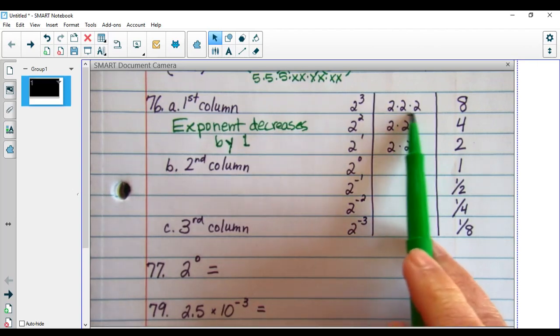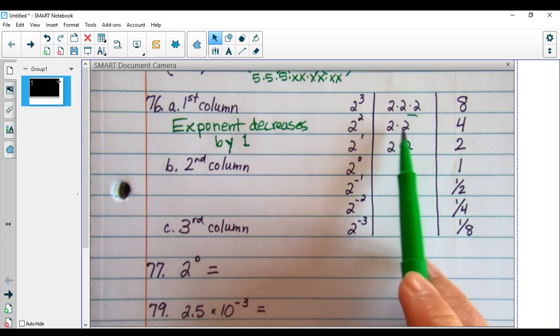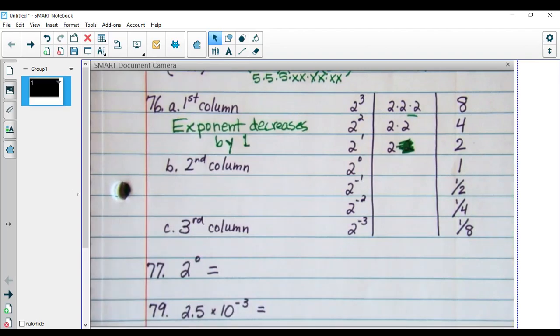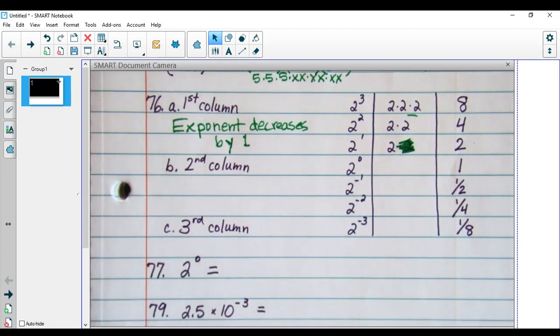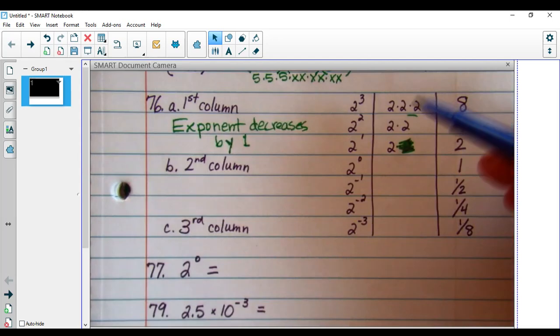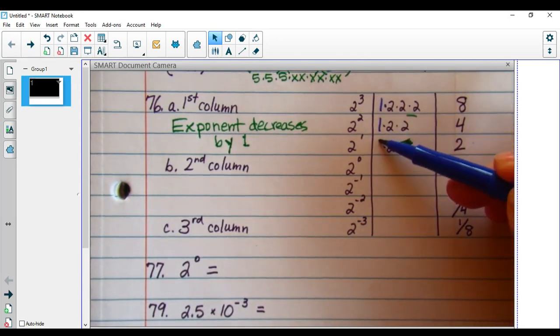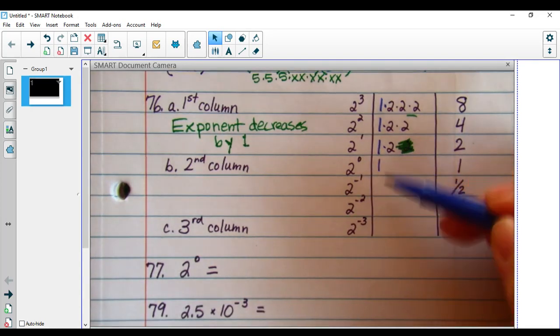If we look at the second column, we have 3 factors of 2, 2 factors of 2. This should only be 1 factor of 2. Then we have no factors of 2. But we always have, with every single problem, a common factor of 1. So I'm going to continue to put in that factor of 1.